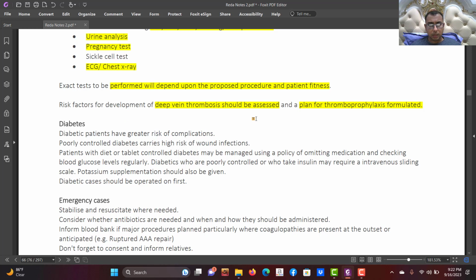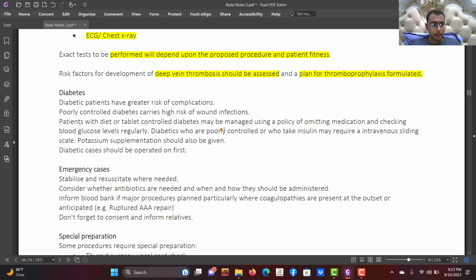So there are chances of huge tissue loss or injury. In that case, a lot of thrombotic substance is released into the blood. In that case, low molecular weight heparin or unfractionated heparin for a long time, or low molecular weight heparin for a short duration, we can use as a prophylaxis.